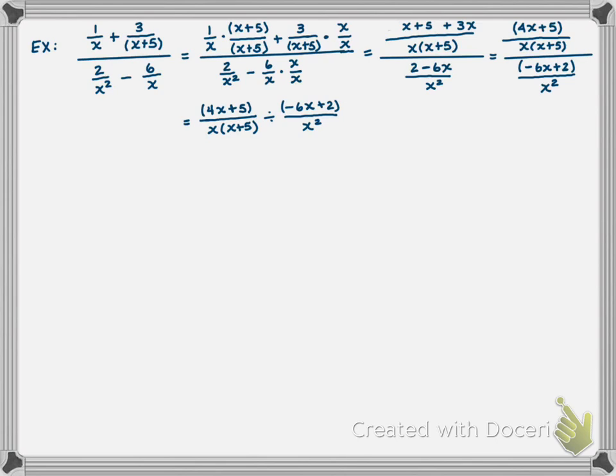And so dividing fractions is the same as multiplying by the reciprocal of the divisor. So we're going to keep that first fraction the same, and then times the reciprocal of the second one.